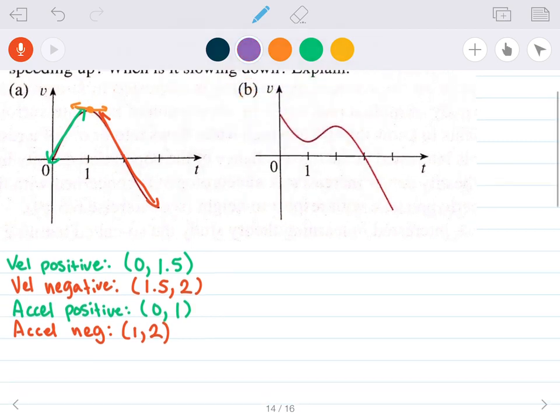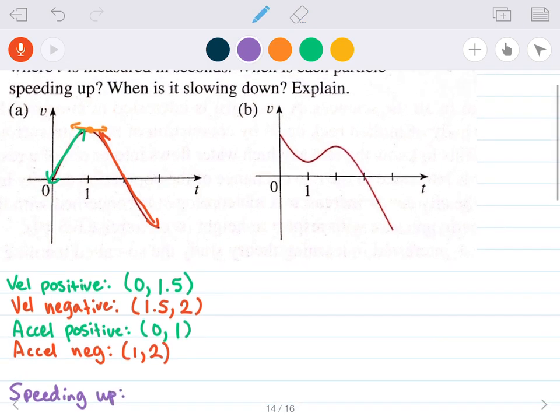All right, so let's talk about speeding up for this first graph. Speeding up is when velocity and acceleration are either both positive or both negative. The velocity is positive from 0 to 1.5 and acceleration is positive from 0 to 1. So we take the overlap of these, which is 0 to 1, because the 1.5 isn't included in the acceleration part.